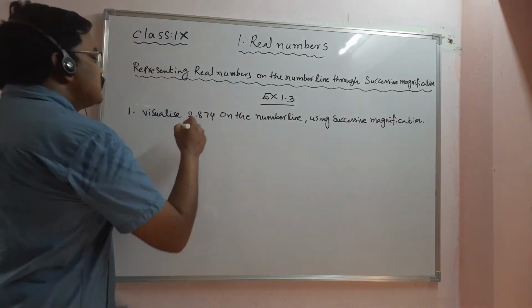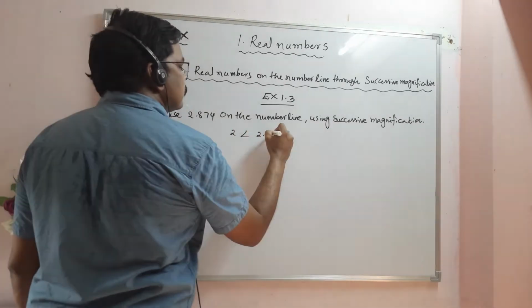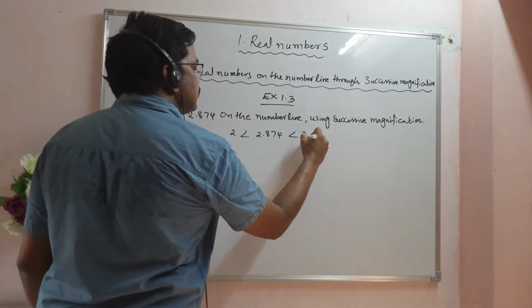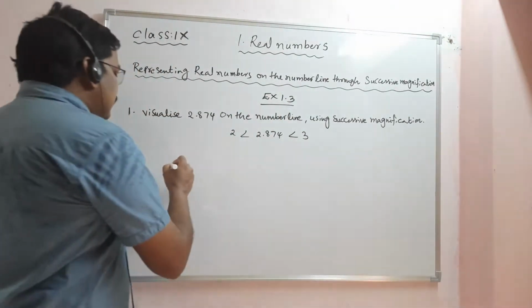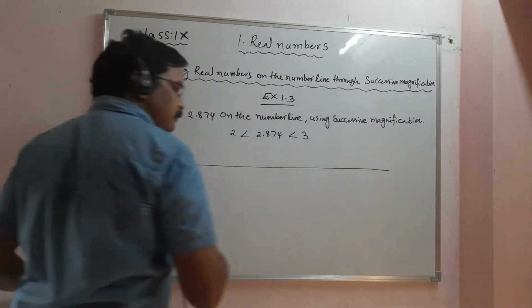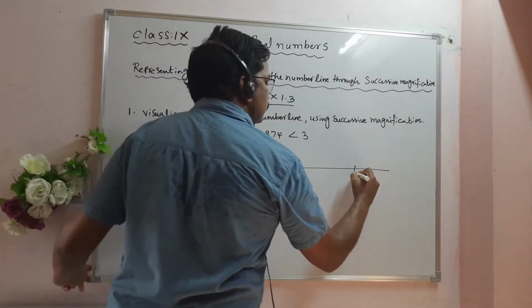See, this 2.874 is between 2 and 3. So take a number line first. Here take 2 and here 3.